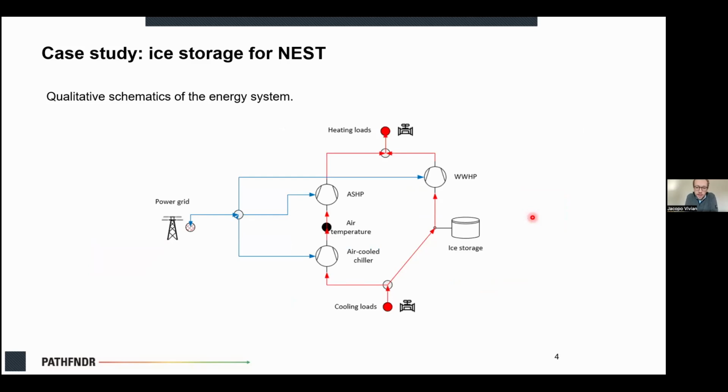So in this case, the energy hub looks similar, but it is slightly different because we don't have the water chiller here. We have a bypass pipe that can be used to provide free cooling during summer by using the ice storage, provided that the ice storage is cold enough.